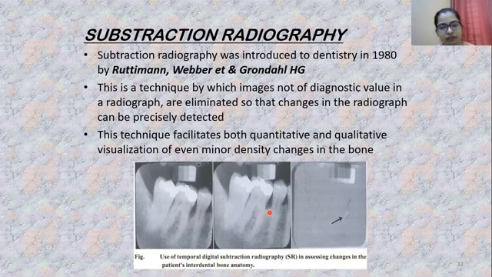Then after the periodontal therapy, we take a post-operative X-ray and we eliminate the images which are not of diagnostic value, and then we get the amount of bone gain which has occurred during the treatment. That is why the name is subtraction radiography.